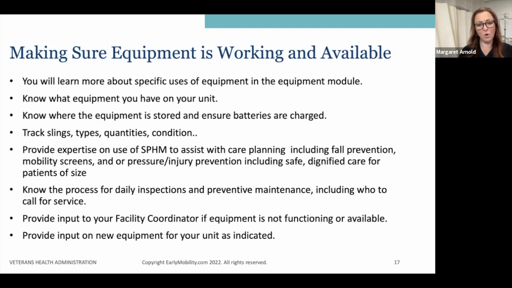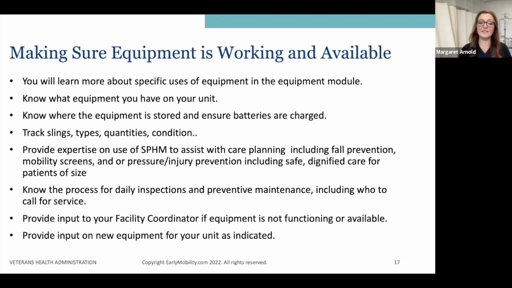You might be the one that changes that experience for a patient of size from a horrendous, undignified, and unsafe experience to an experience where they feel that they have been respected and dignified, and your team members have taken the time to use the right equipment to lift or move them safely, comfortably, and in a dignified manner.